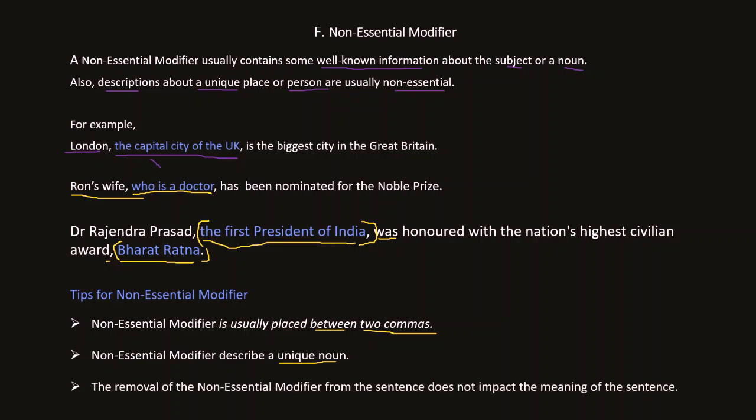Finally, the removal of the non-essential modifier from the sentence does not impact the meaning of the sentence. In other words, when we remove the non-essential modifier from the sentence, the meaning of the sentence does not change. With this, the third subtopic of subject-verb agreement, that is, modifiers as middlemen, is done.